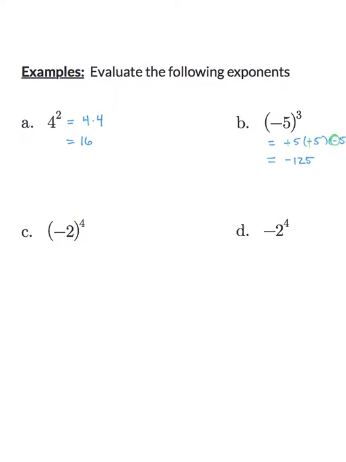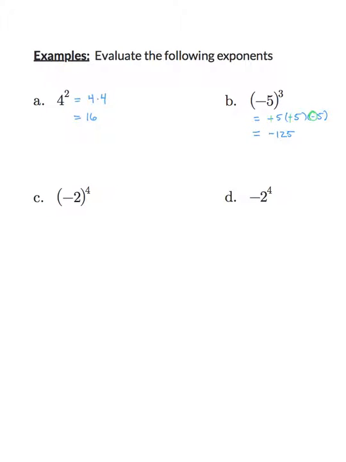Now let's look at example C and D. Note that these two look like they have the same base and the same exponent, but they do represent different things. It is very important to note whether you have parentheses or don't have parentheses.